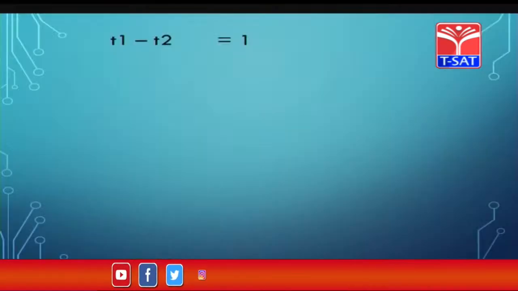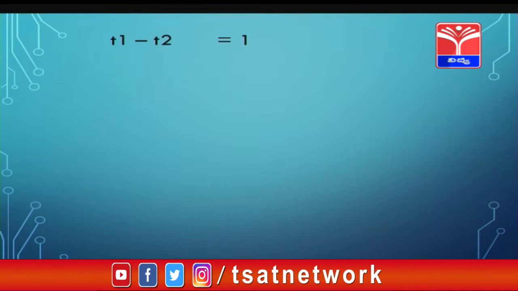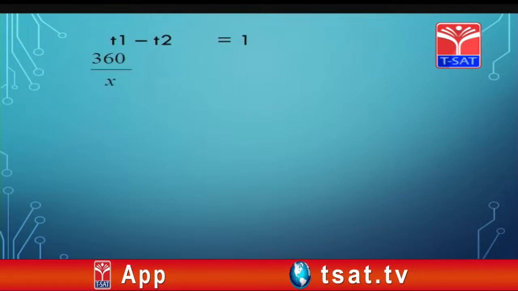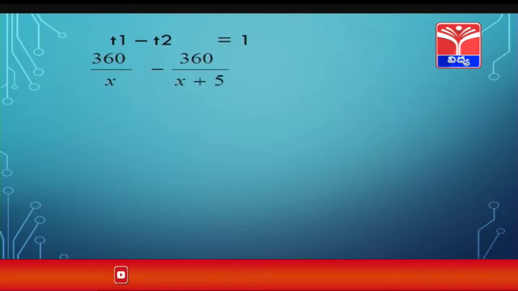So, the difference between the time would be t1 minus t2, which is equal to 1. Let us substitute the values of the t1 and t2 in the respective places. Now, t1 is 360 by x and t2 is 360 by x plus 5. So, 360 by x minus 360 by x plus 5 is equal to 1.